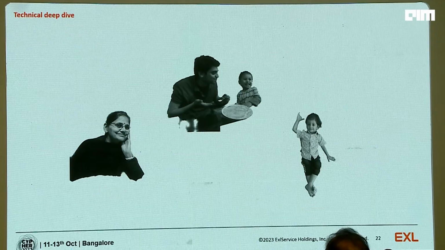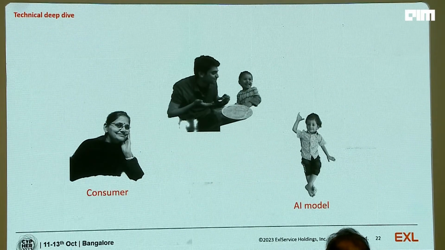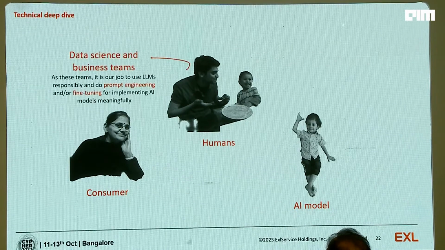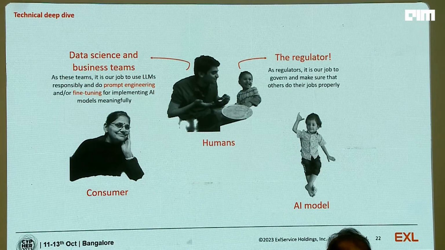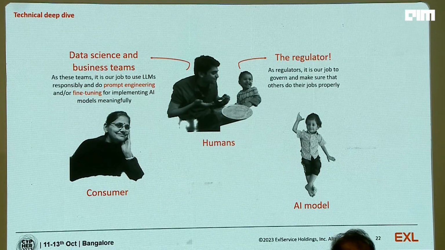This is the part I wanted to highlight: this person is a consumer, this guy is an AI model, and we are humans. From an analogy standpoint, we are the data science or business teams, and the person sitting here is the regulator. I just wanted to keep him happy, so that's why I have taken his happy picture. These regulators are very important to make sure that everything is rightly governed.